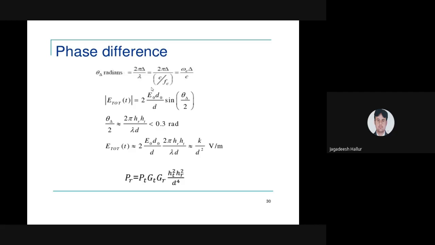The formula for calculating the phase difference theta is 2 pi del divided by lambda. You know the formula for lambda. Lambda is equal to what? C divided by F, or C divided by Fc. So it is 2 pi del divided by (C divided by Fc).